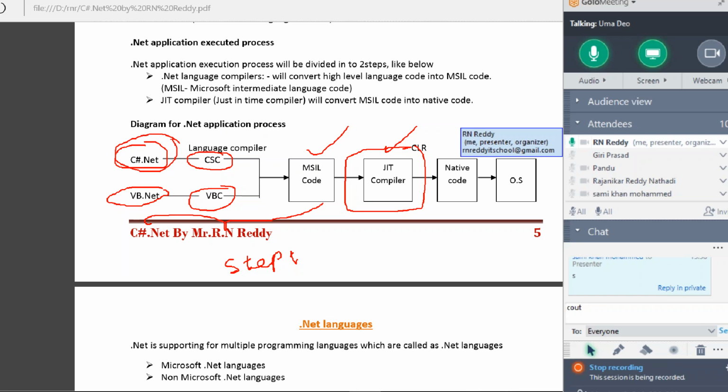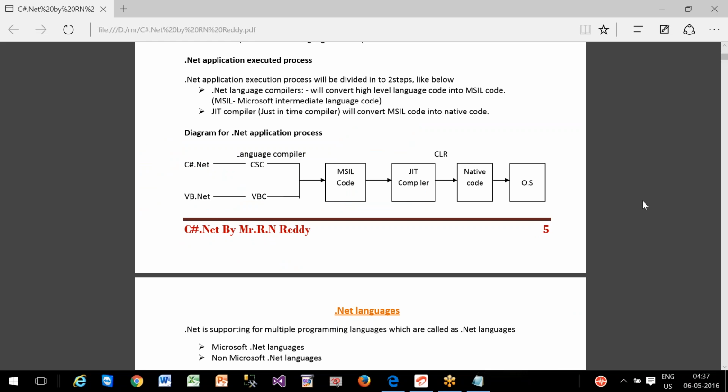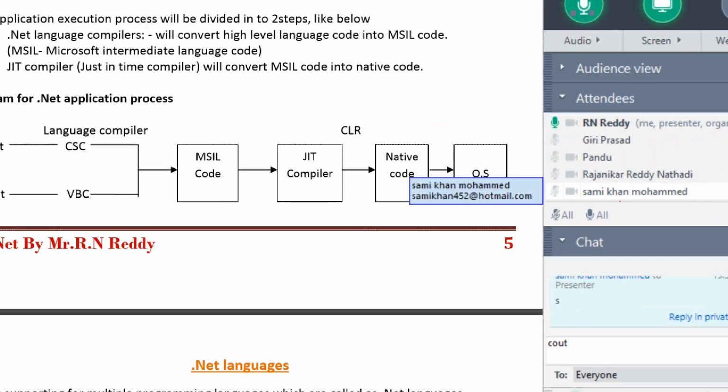Here MSIL stands for Microsoft Intermediate Language code. Next, step 2: in the CLR you have a JIT compiler, and at the next level you have an operating system in your system. That operating system cannot understand MSIL code, which can understand only native code or machine code.